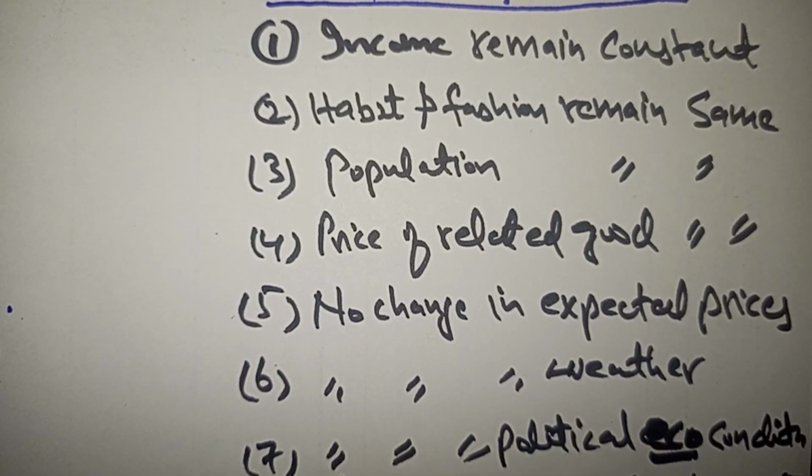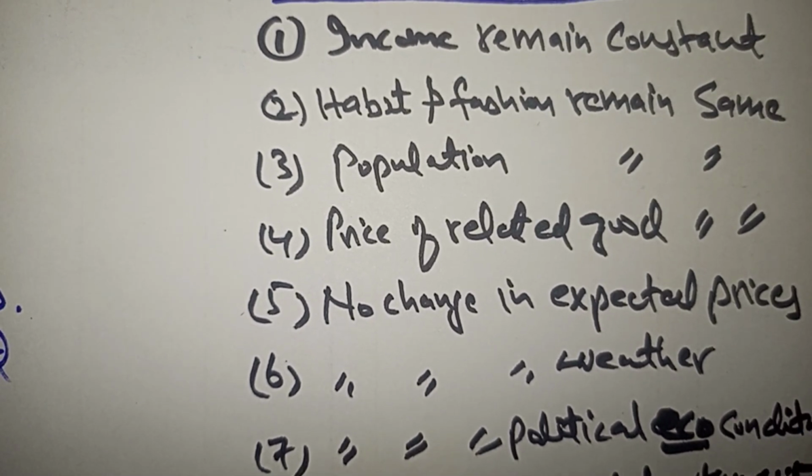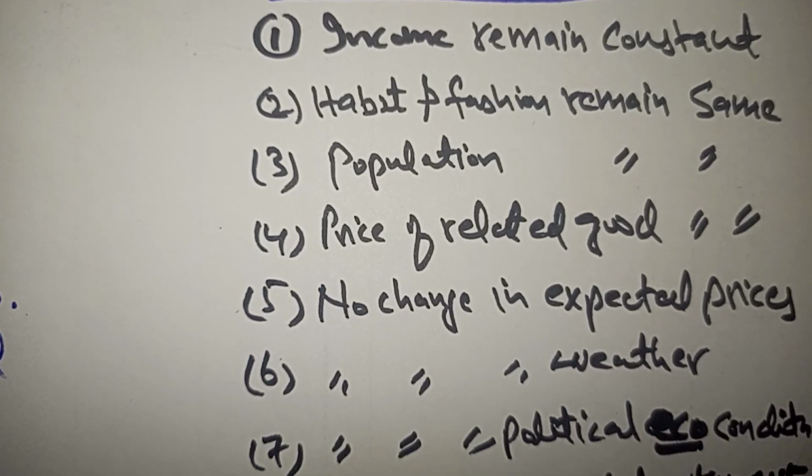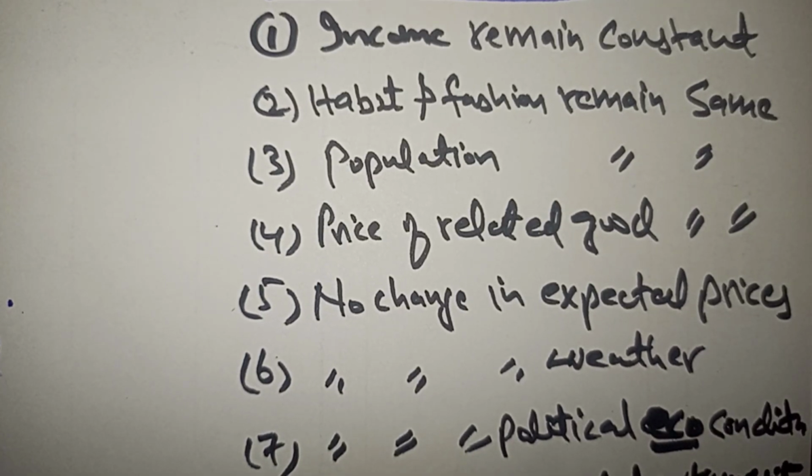Number 7. No change in political and economic condition. For the validity of the law of demand, there also must be no change in the political and economic condition of a country.